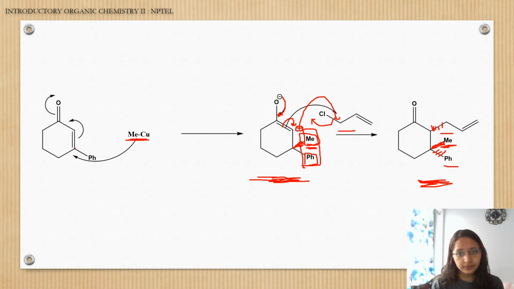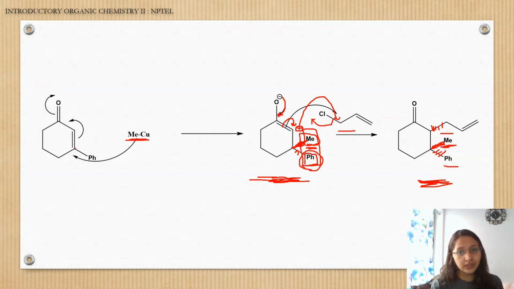Now if I go with this methyl above the plane and this phenyl below the plane, the second attack will take place at the stereochemistry which is more favorable. If this attack takes place from below the plane, it will undergo steric hindrance with this phenyl, because phenyl is already below the plane from the first step.